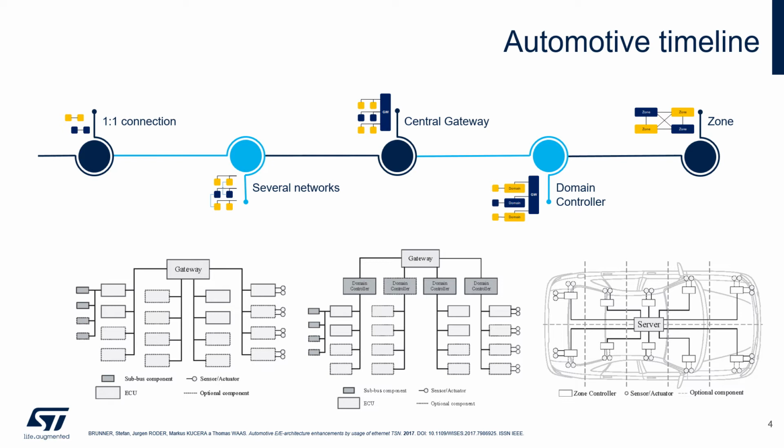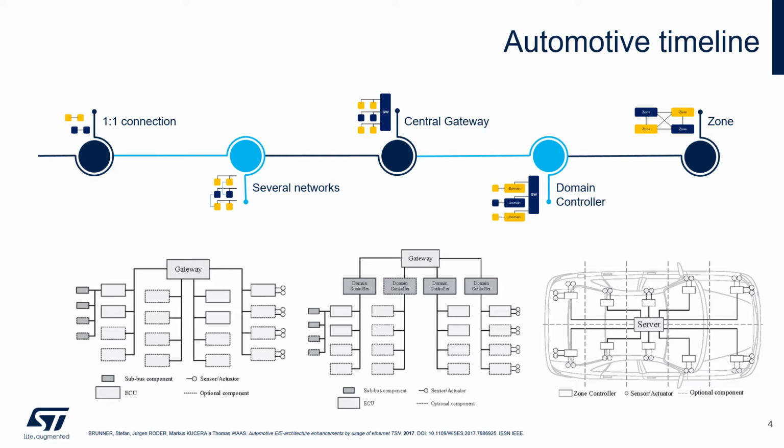In the next generation, there were already several separated networks. The units were grouped into body, powertrain, etc., with few components interacting with other, let's call them, branches. The third generation brought consolidation with the central gateway, where the units are connected via a backbone to the central piece and are handling complex functions already.